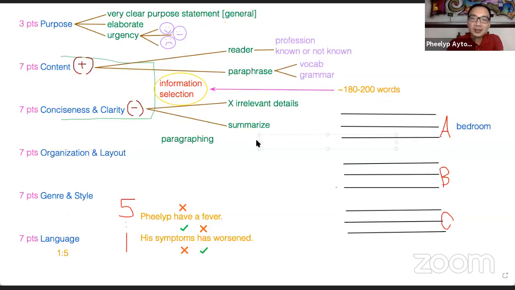Can you give me 10 things that you can find in your bedroom? Bed, pillow, humidifier, blankets, aircon, TV, bed lamp, sure.